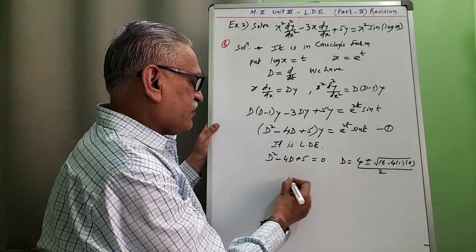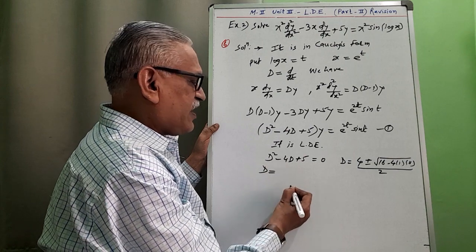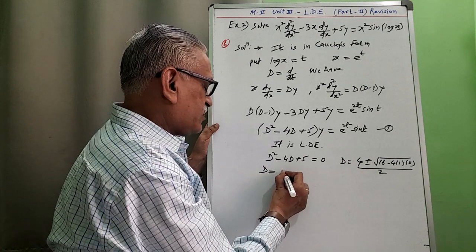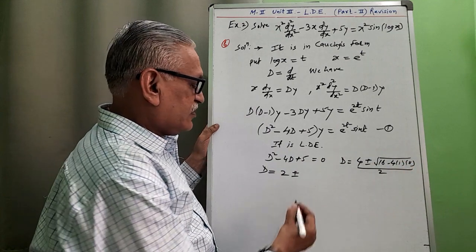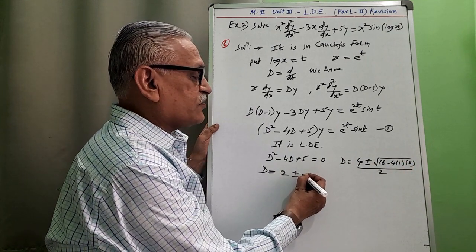Simplifying it, we get the value of D as 4 by 2, we get 2, plus minus root of 16 minus 20, root of minus 4.